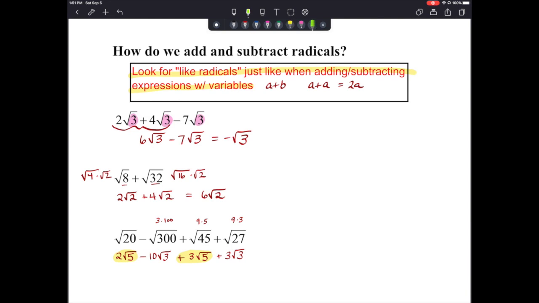And then we also have a negative 10 radical 3 and a positive 3 radical 3. Let's just combine the like terms, and we'll end up with 5 radical 5, and then we have minus 7 radical 3. And that would be our answer, because we wouldn't be able to take it down anymore.